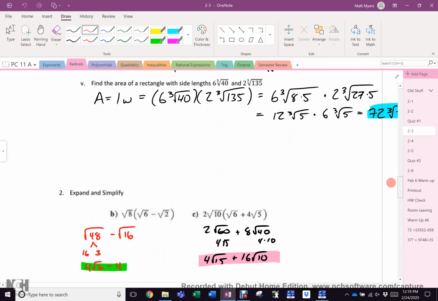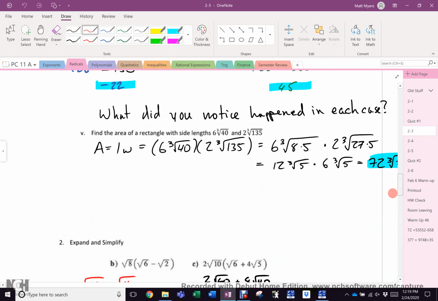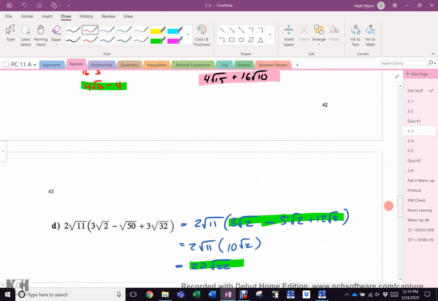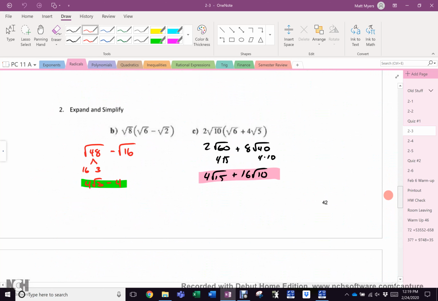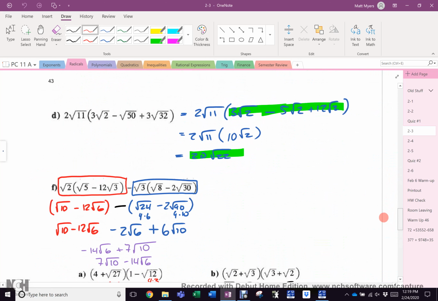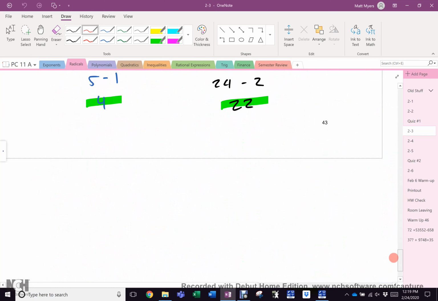This was page 43, I think, because we did up to number 42 in class. I believe I assigned 43 as homework.